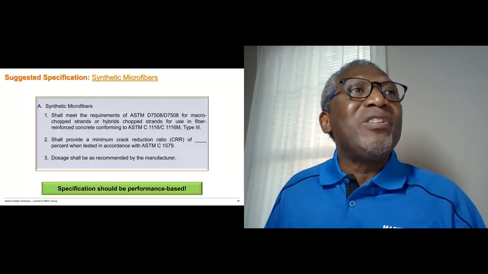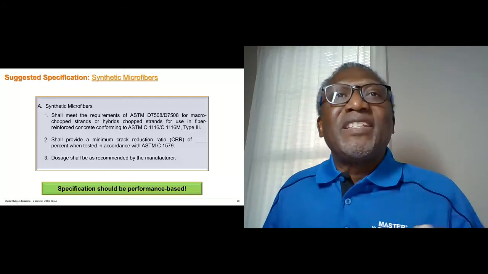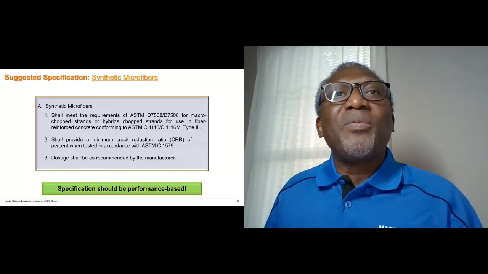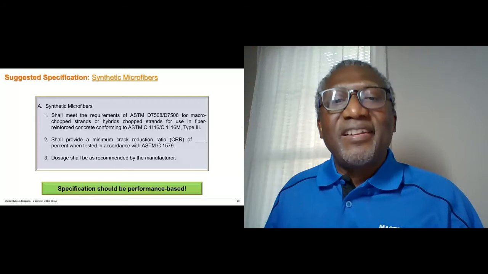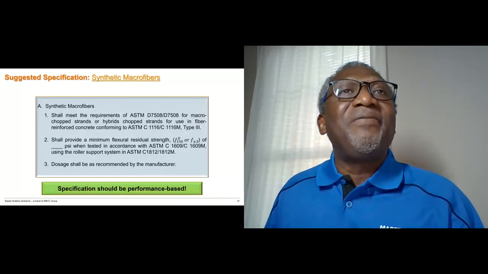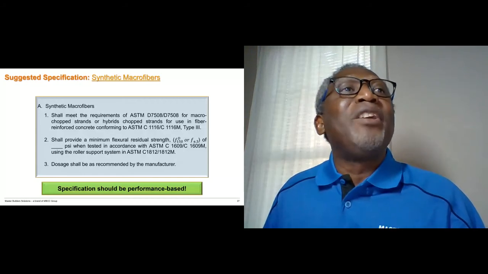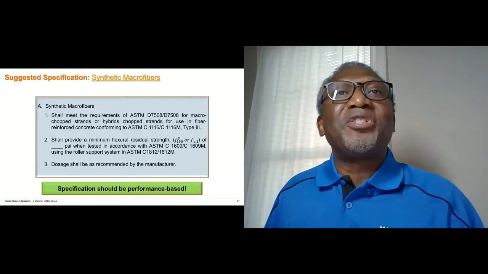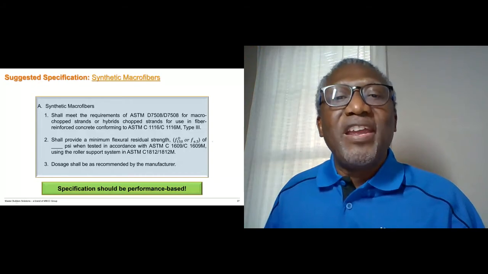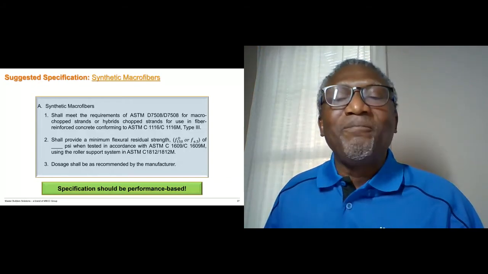And then more importantly, number 2, you can specify a crack reduction ratio when tested in accordance with ASTM C1579. And then for the macrosynthetic fiber, same type of thing, but in this case you have the minimum flexural residual strength, either FD150 or your FE3, when tested in accordance with 1609.